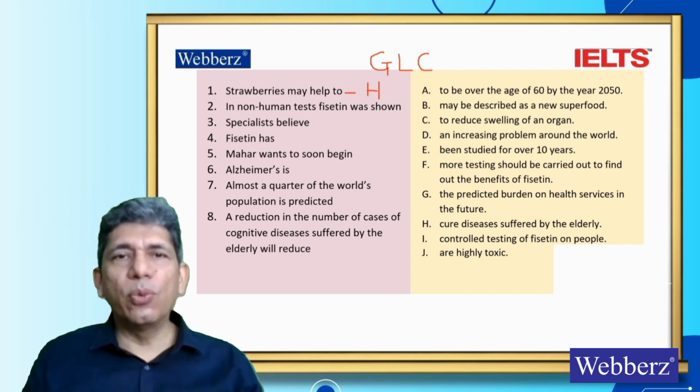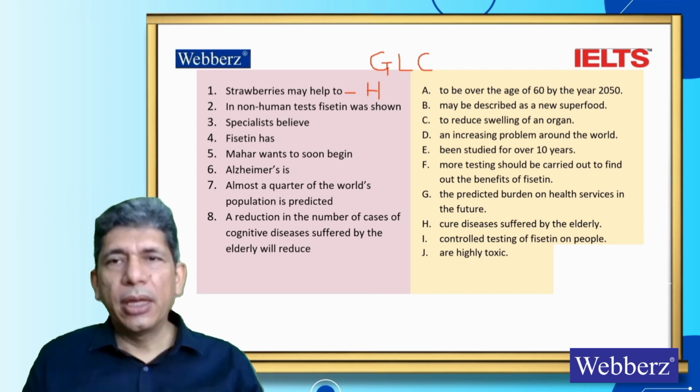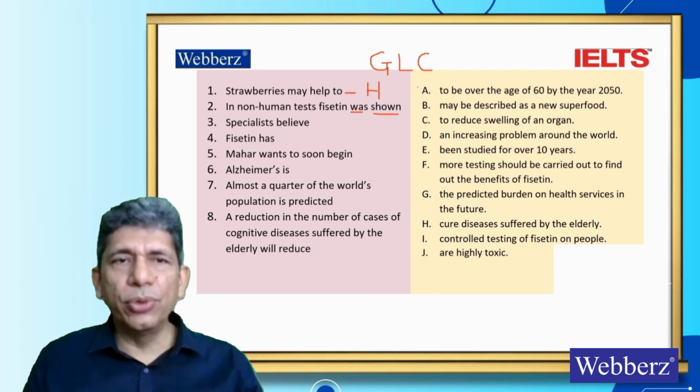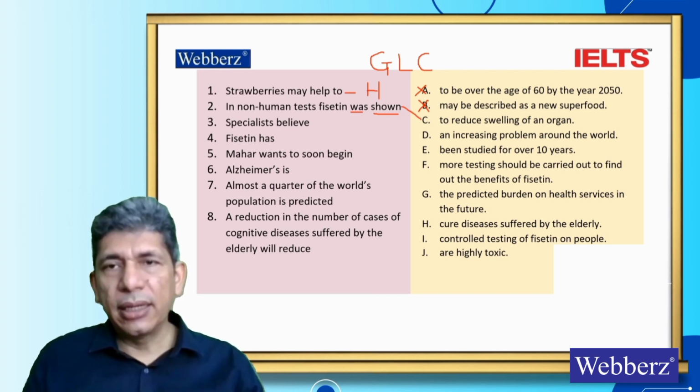So was shown, so this is, was shown to be over the age, not making sense. May be described as a new superfood, maybe 15 was shown, not making sense. Was shown to reduce swelling of an organ, a possibility is there. So let's underline this as a possibility.